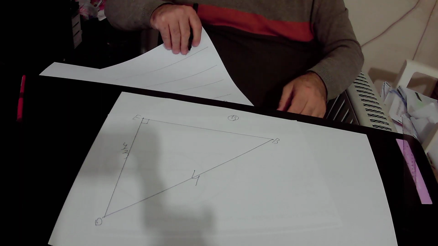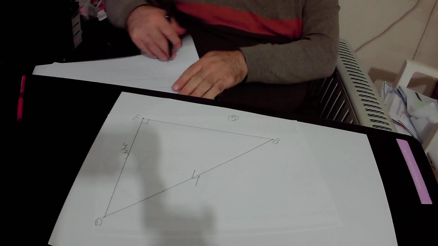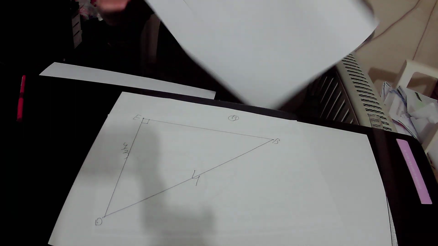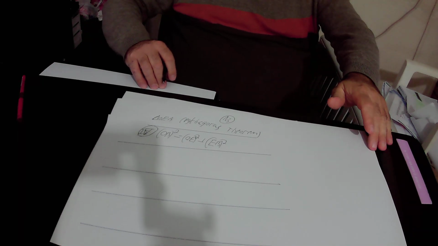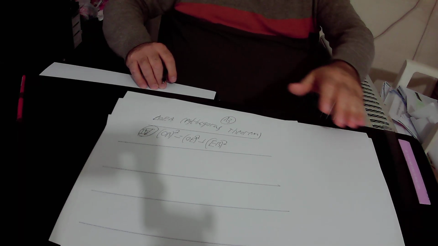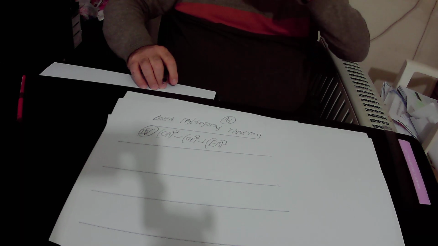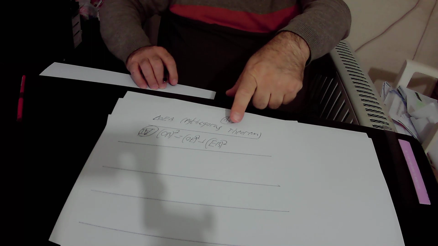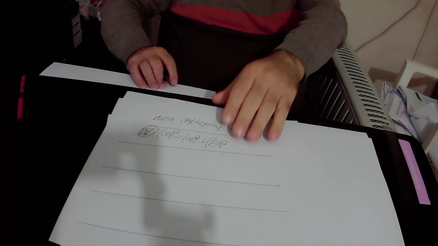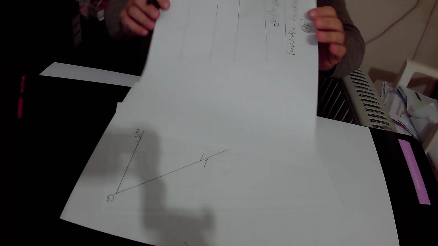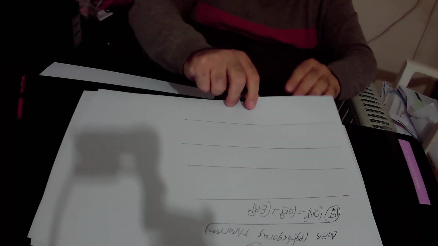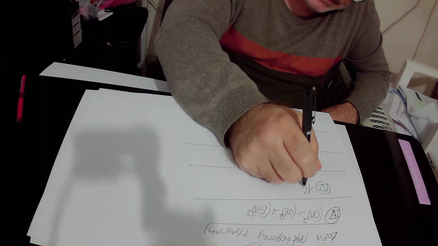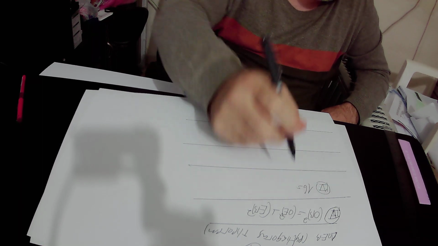I repeat again. In the right triangle OEB, according to the Pythagoras theorem, OB squared equals OE squared plus EB squared. OB equals 4 units. Therefore, OB squared is 4 squared, which is 16, equals OE squared.